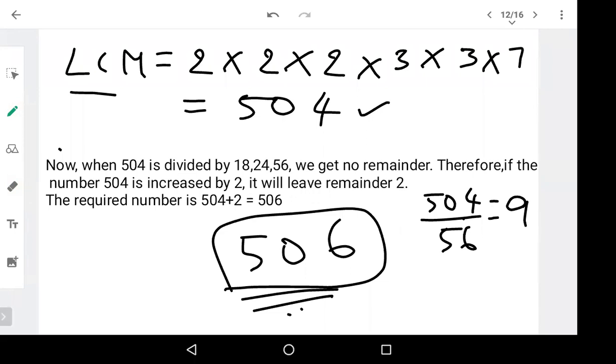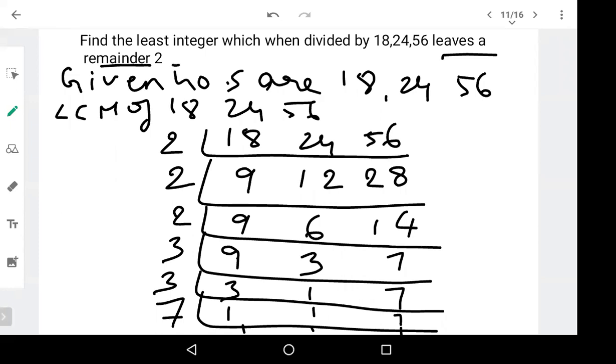Correct? So, which means that 504 can be divided by 18, 24 and 56 without any remainder. But according to the question, we are supposed to get remainder 2. 2 is supposed to be the remainder in each case when we divide them.